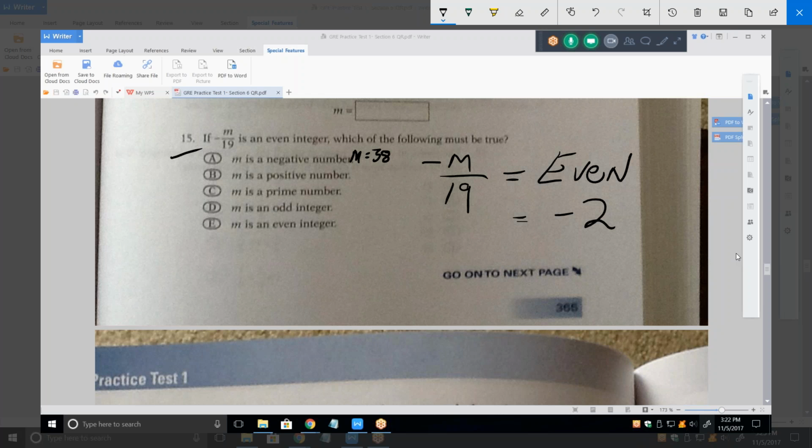Oh, I see. So it doesn't matter if it's negative or not. It doesn't. That's the trick. So that's not true, because I just found an m that was a positive number, and it still makes the ratio an even integer. So now we try a negative number? No, we're done with A. We disproved it already.